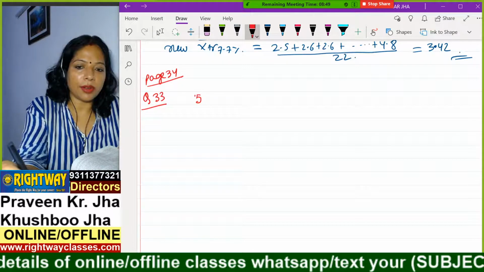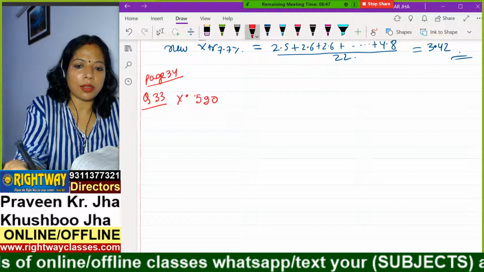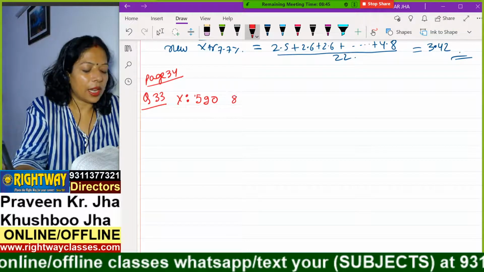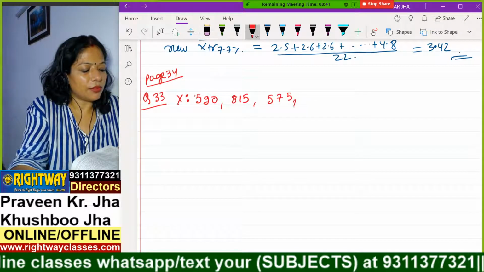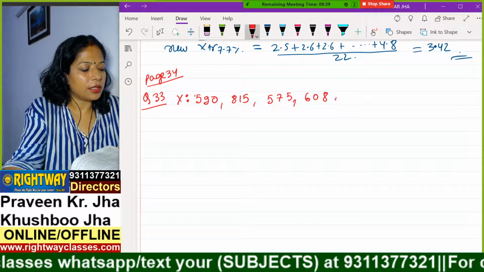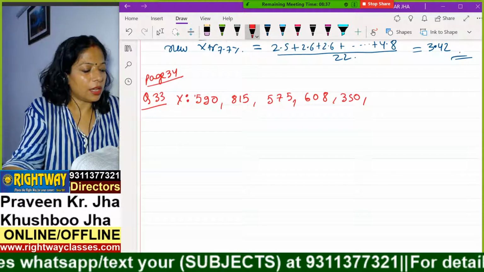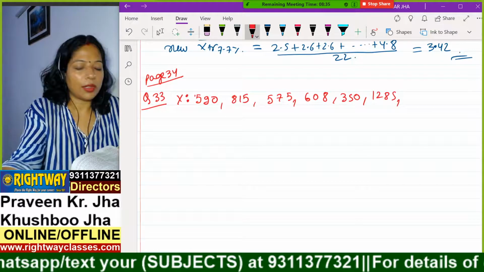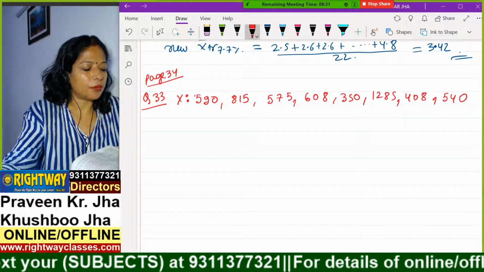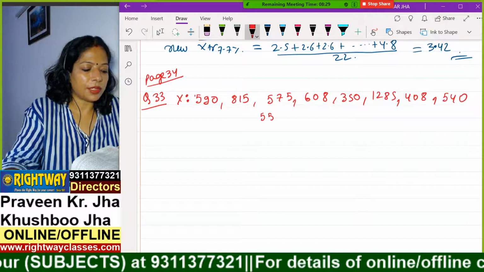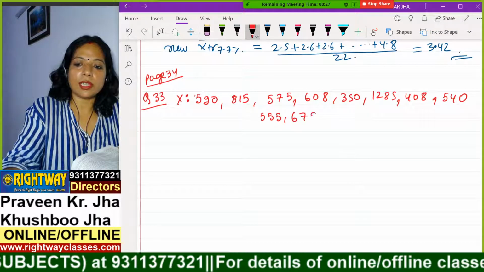The data is given. Suppose X is given 590, 815, 575, 608, 350, 1285, 408, 540, 555, 679.